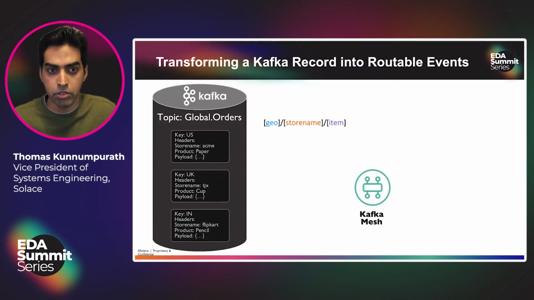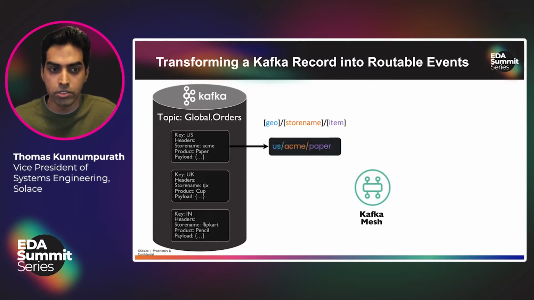And what happens when the Kafka cluster gets connected to the Kafka mesh, the Kafka mesh takes certain metadata from the Kafka records and essentially transforms it into what is known as a hierarchical topic. So in this case, a hierarchical topic is described by the geography, the store name, and the item.